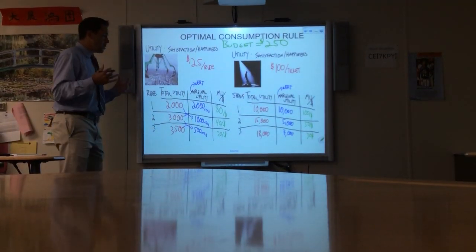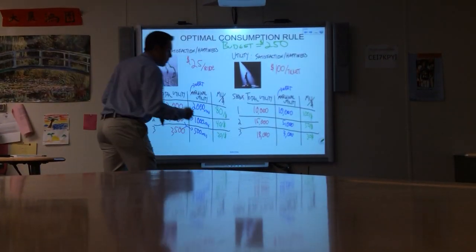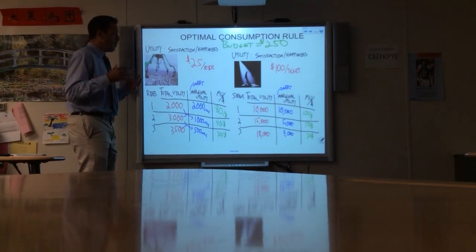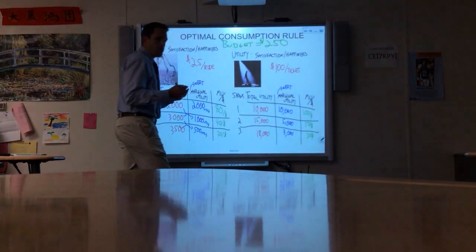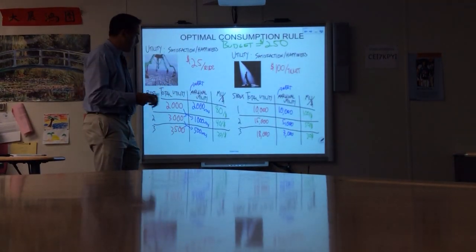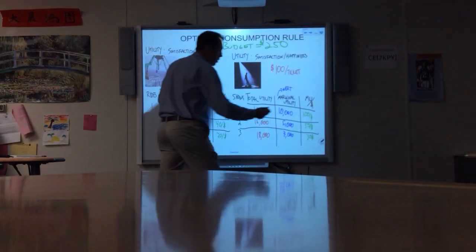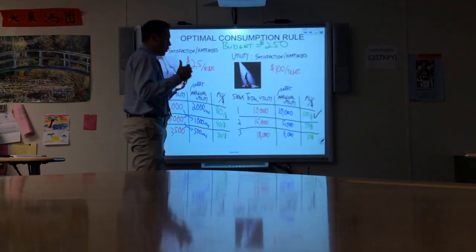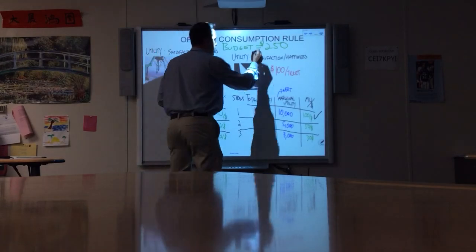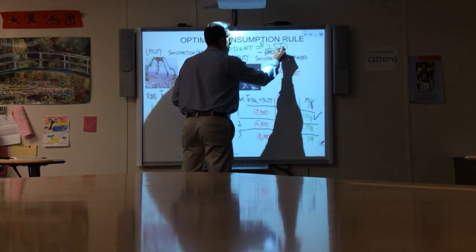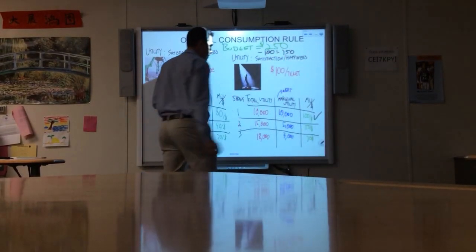In the face of a budget, you make the decision that's going to give you your biggest bang for your buck. So your first decision is, do you spend where it's 100 utils per dollar or 80 utils per dollar? You go here. So you go to your show and you subtract $100. So I subtract 100, that equals 150.